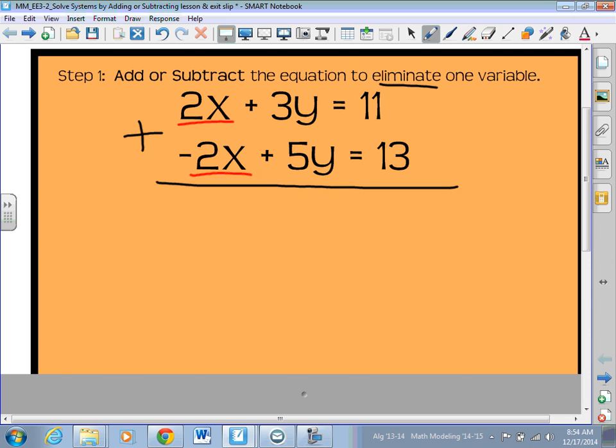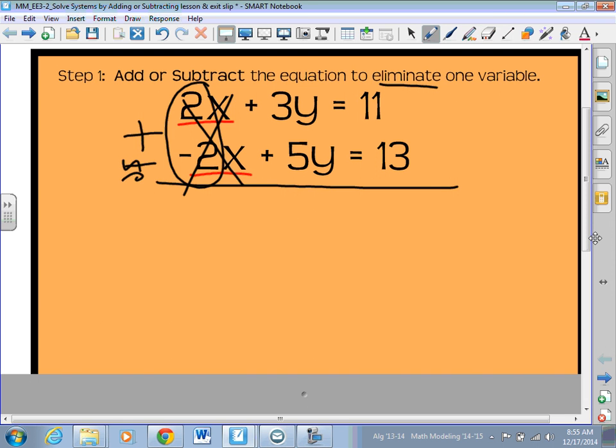When I add these equations, I'm adding the numbers in front. So 2 plus negative 2 equals 0. So that's 0x, which means it totally cancels out. So I'm left with 0. I have 3y plus 5y, actually I'm not going to write it that way because it kind of looks like a minus sign.